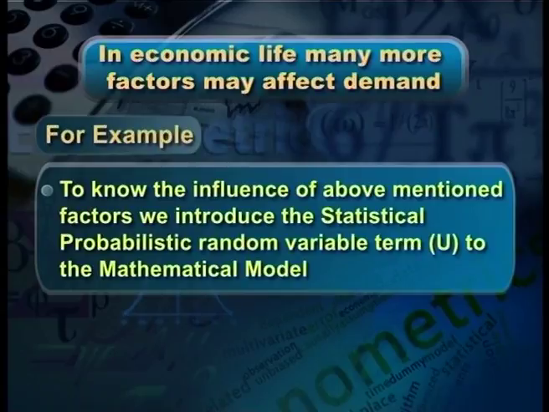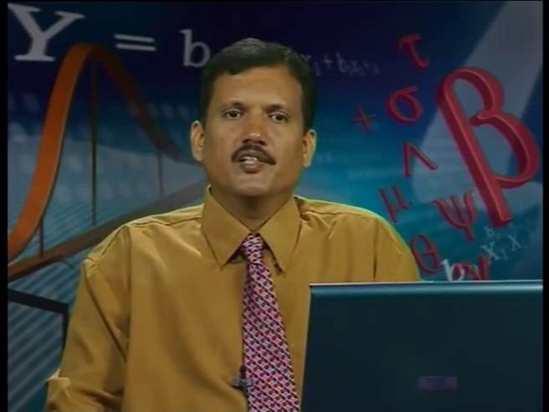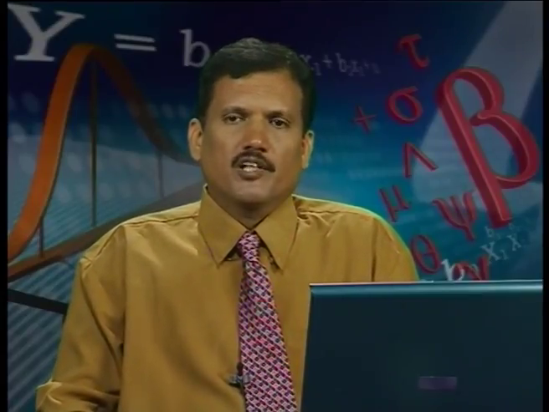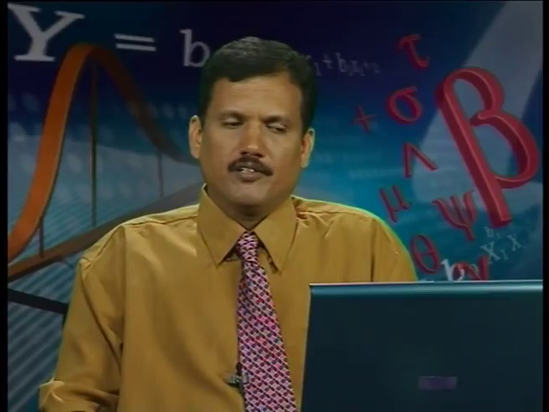Therefore, to know the influence of these factors, we have to introduce into the present mathematical model a term u. u is a random variable that is well defined with probabilistic properties. If we add the u term, that is the random term, to the mathematical model, then it becomes an econometric model.